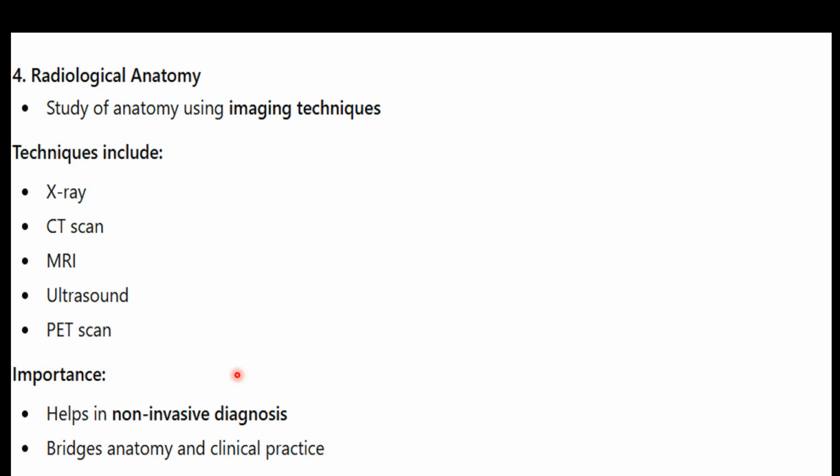Okay, so this is the fourth subdivision of gross anatomy, that is radiological anatomy. As I mentioned, there are so many things we can learn about it, but for now we are just looking at an overview, so that you know at least the terms when we refer to them in the upcoming sessions, like when we will be doing the coding. So you should know about these things.